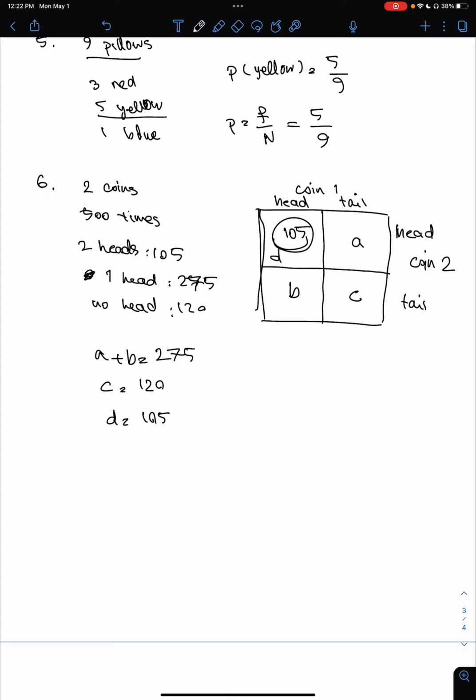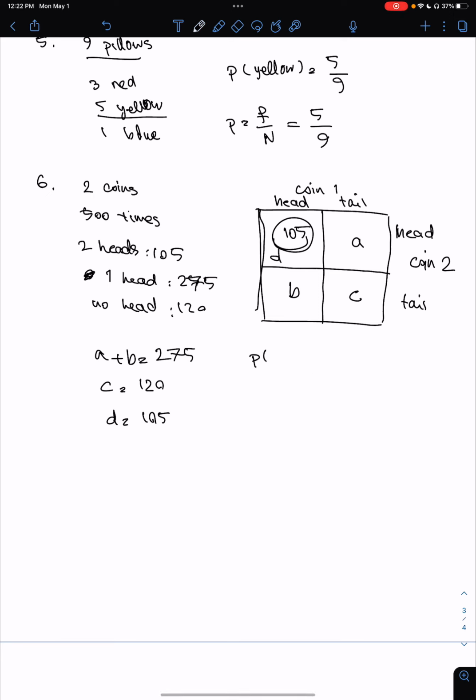So first, the probability of having two heads will be 105 divided by 500. Let me write this.